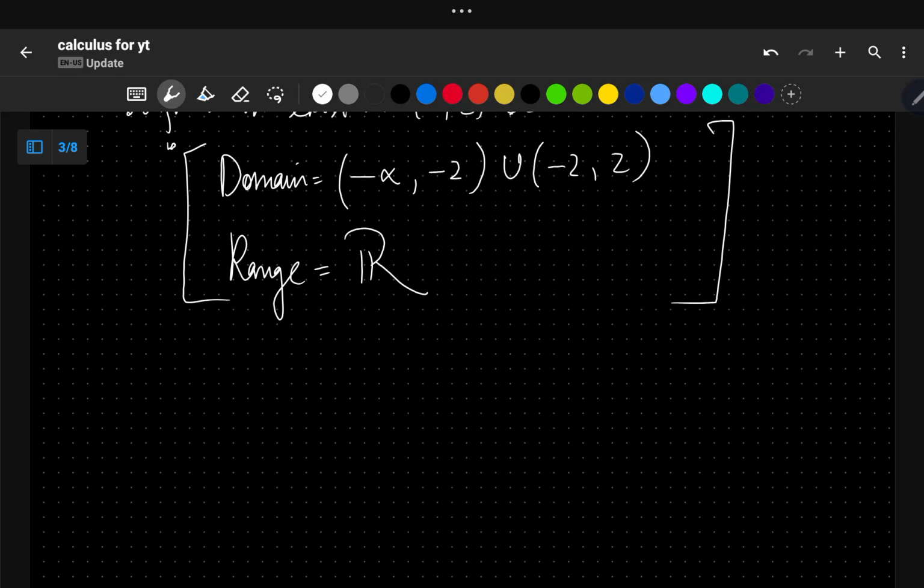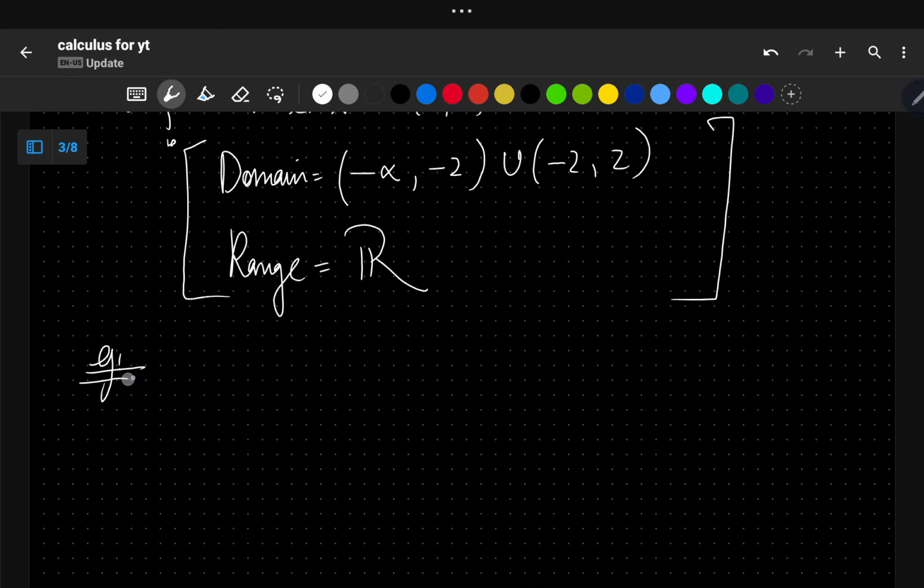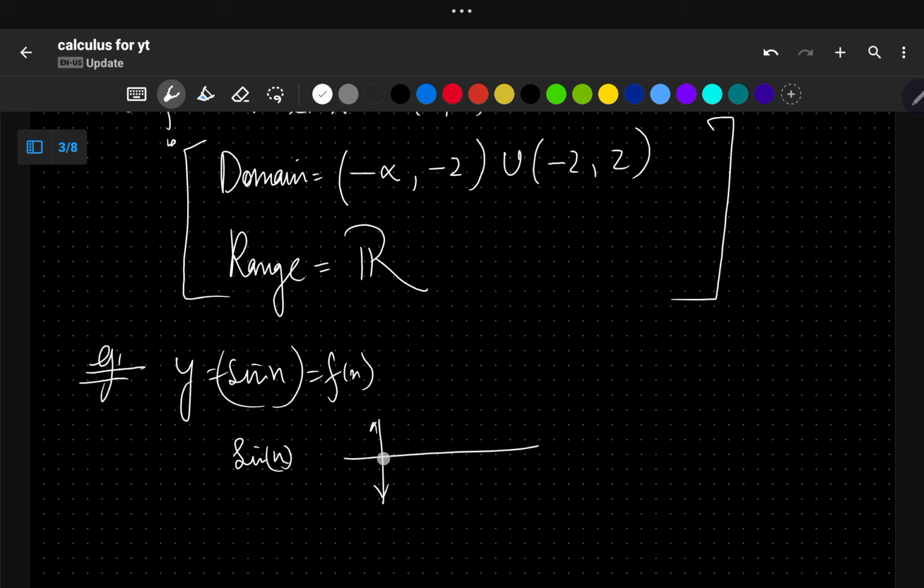One more example. Take this trigonometric function. Here y equals f of x and f of x equals sin x, right? Have you seen the graph of sin x? It starts from 0.